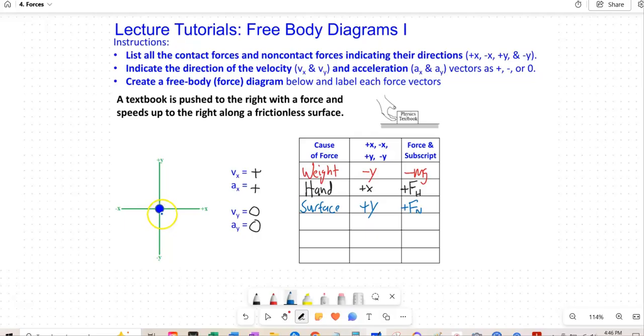I always put the tail of my vector at the dot and have the vector heads pointing away from the dot. So in this case, the non-contact force is the weight of the textbook. The earth and the textbook physically don't have to touch each other for the earth to pull down on the textbook. So that vector is pointing straight down, and we're going to label that negative mg.